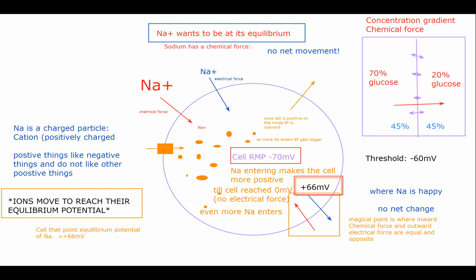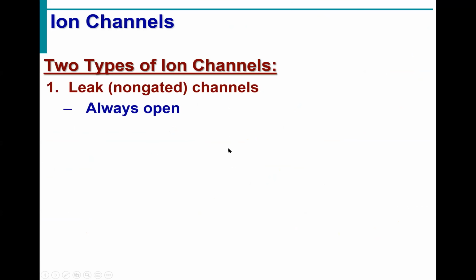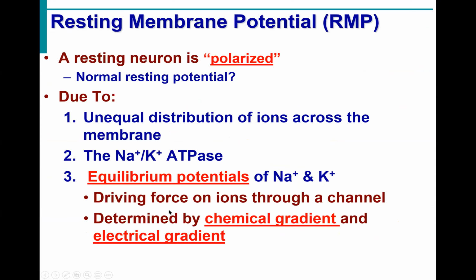Great question. So the other ion that we need to know the equilibrium potential for is potassium. And I will save you the grunt work of getting to that point by just telling you what that is. So let's go ahead and go back to the lecture. All right. Again, to get to our equilibrium potentials, we need to know the chemical gradient or force and the electrical gradient or force.